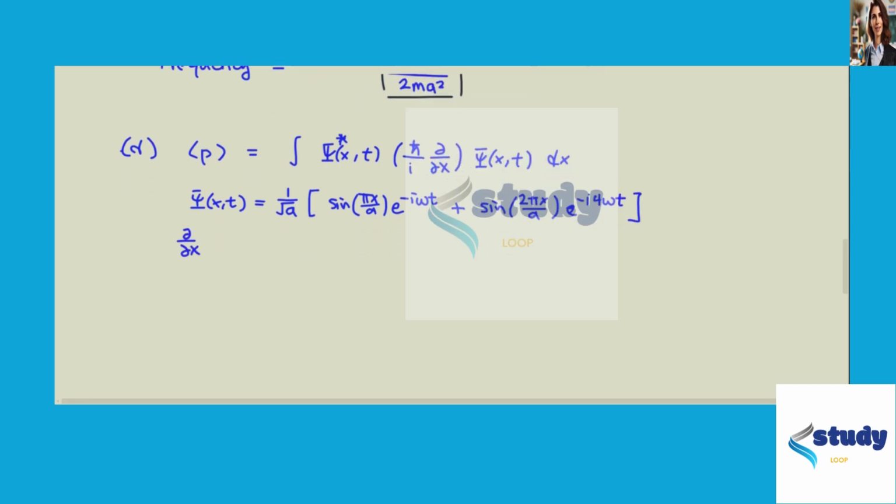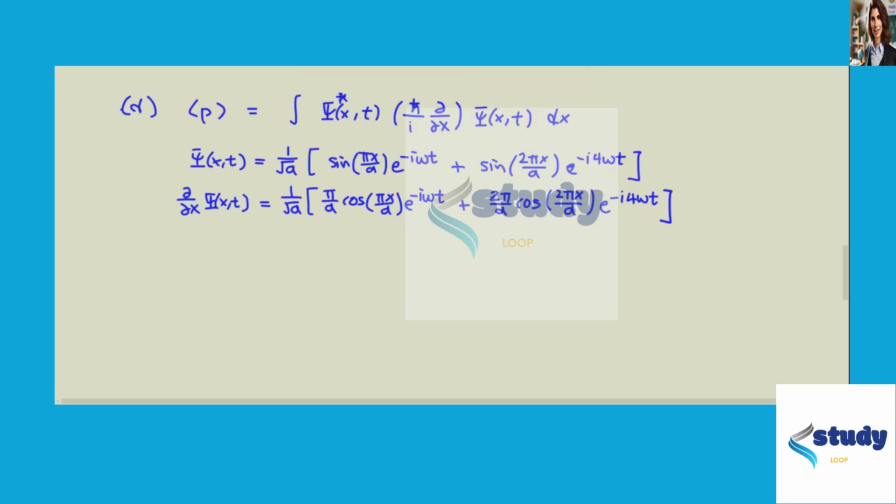Then partial x of psi x t is equal to 1 over root a times pi over a cosine pi x over a e to the minus i omega t plus 2 pi over a cosine 2 pi x over a e to the minus i 4 omega t.